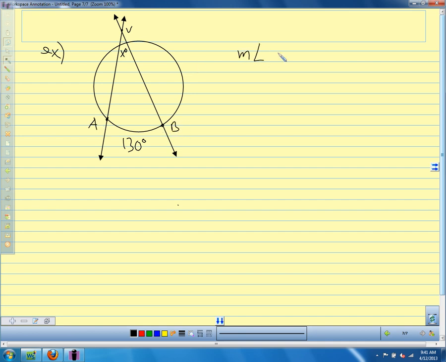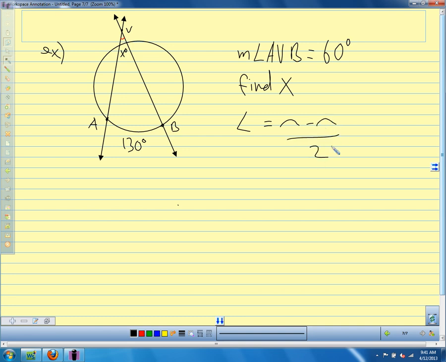The measure of angle AVB is 60 degrees. So that's this little red angle in here. So the measure of angle AVB is 60, and we want to find x. So our vertex is outside the circle. So our rule is angle equals arc minus arc divided by 2.